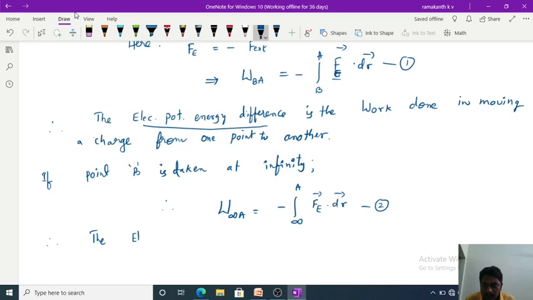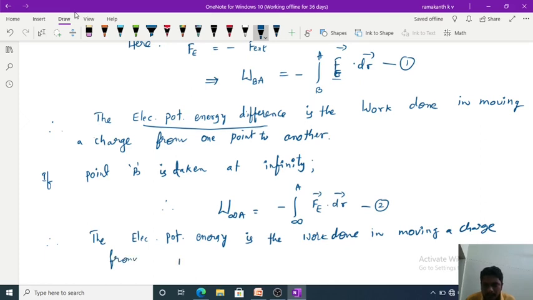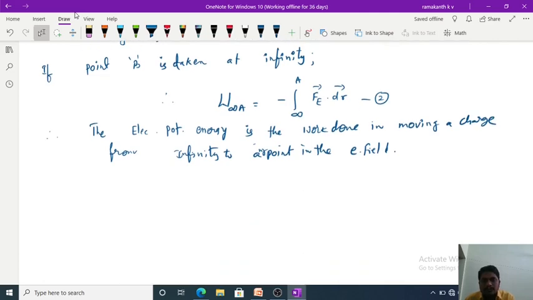The electric potential energy is the work done in moving a charge from infinity to any point in the electric field.